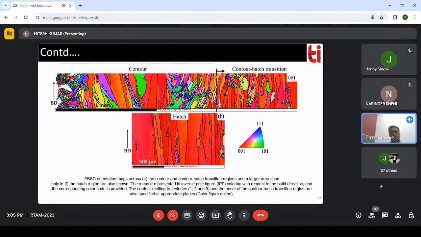To confirm, are the precipitates going to change if you change from contour to H direction, or within the H direction itself? Because there is a transition from contour to H. Is the presence of precipitates going to change, or the volume fraction or weight fraction of that precipitate? That we are also trying to observe.